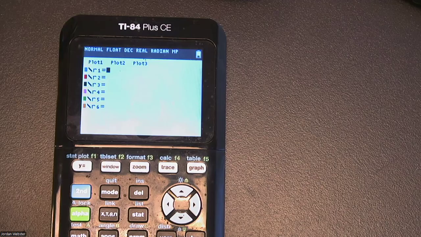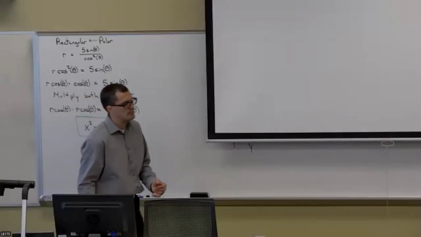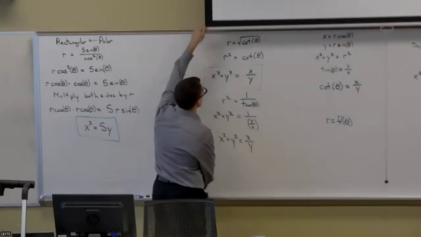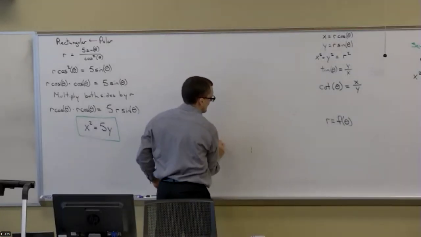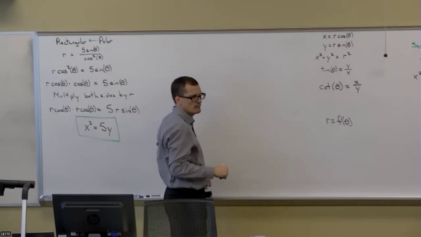Those really can't be done with the graphing calculator. Not in any easy format, but I did want to cover what these are because they are kind of the building blocks for the polar form.